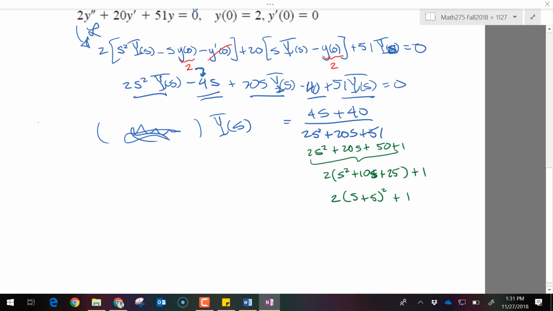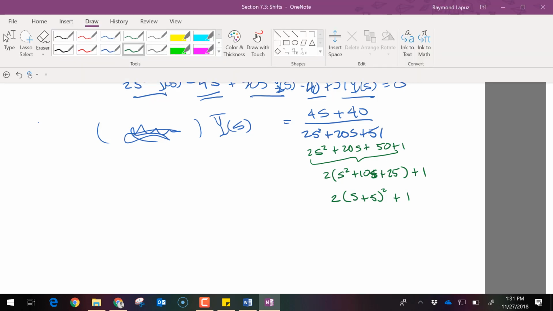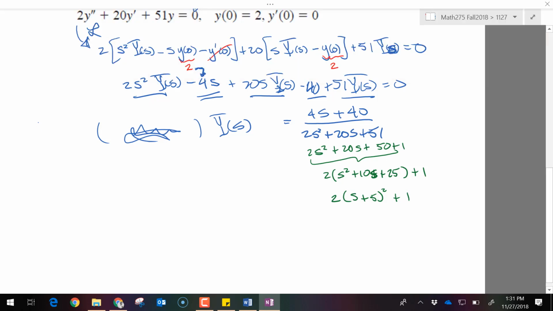All right, so I suppose I should show you because I'm not going to do another problem in this section. If you didn't catch that nice setup, you would still need to factor out a 2 from these two. So the work I would have done if I didn't see it right away would be 2 s squared plus 10s plus 51.